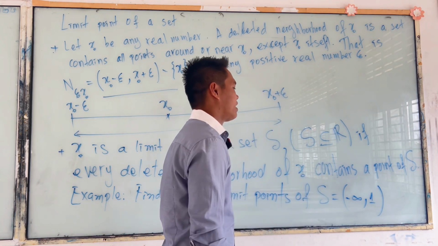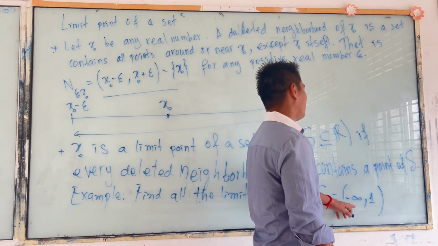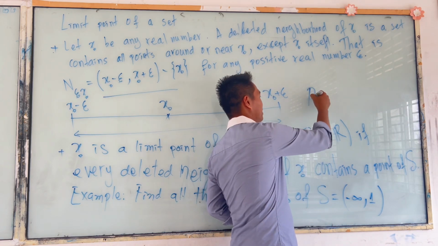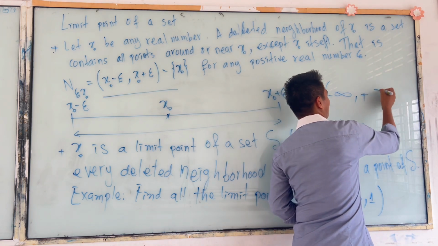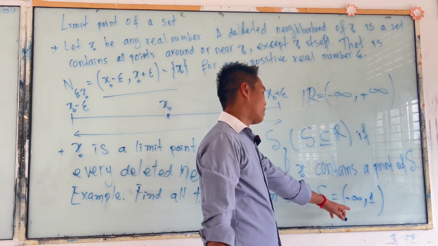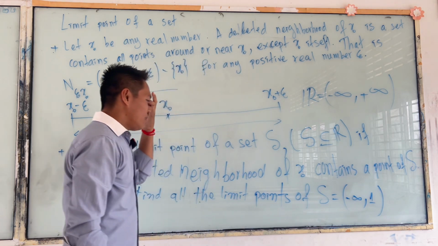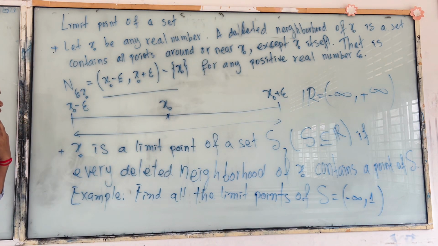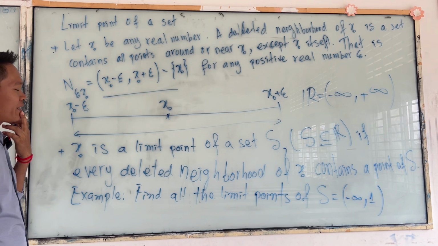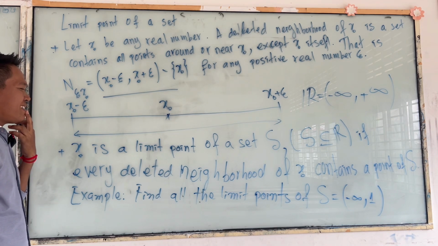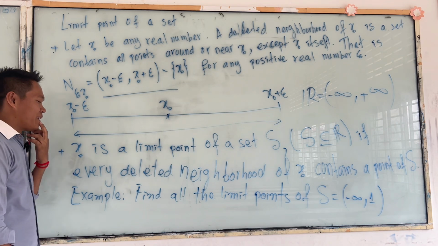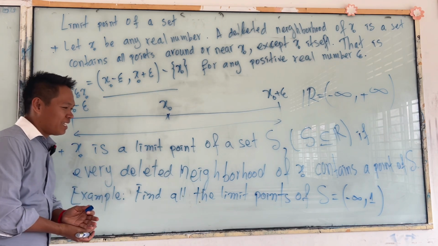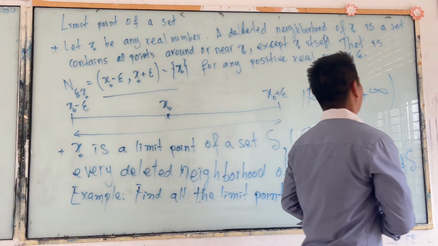S here is a subset of real number. As you know, real number is the open interval from negative infinity to plus infinity, and this one is just a subset of real number. Now we want to find all the limit points of S. It means that if S has limit points, we can collect them into a set that we call the set of all limit points of S.